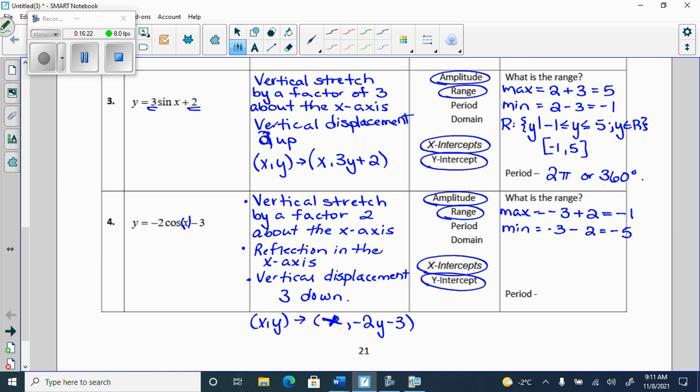Now, it has a distance between it of 4, which is an amplitude of 2, 2 and 2. It has a midline at negative 3, which would fall directly between negative 1 and negative 5. So it sounds like it's good. So you're going to have negative 5 is less than or equal to y is less than or equal to negative 1. The period is still 2 pi or 360 degrees because there is no b value. Flip over.